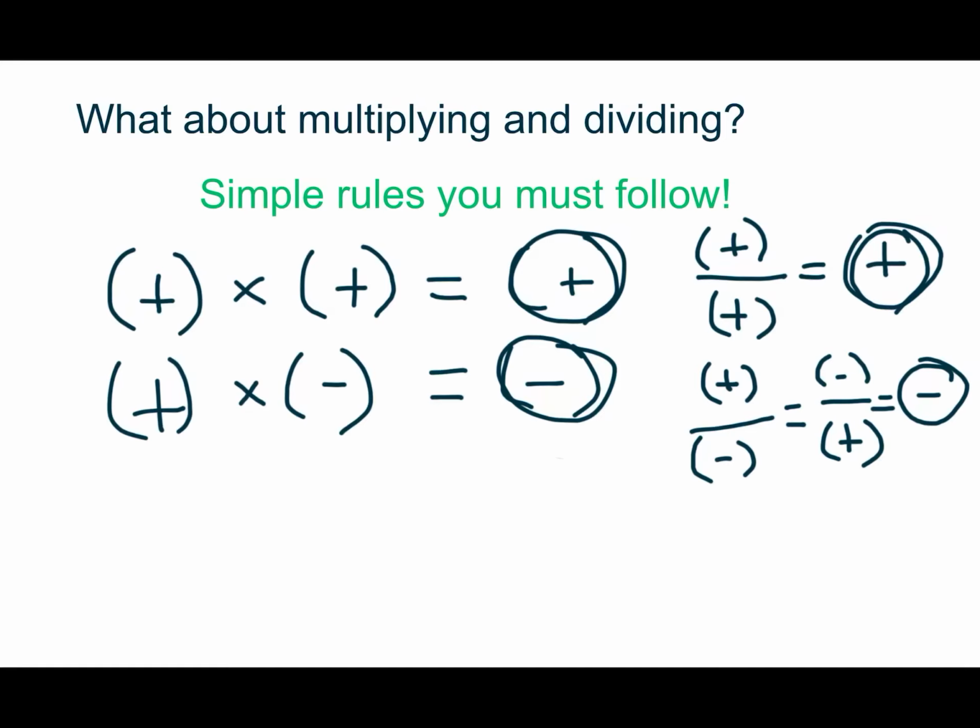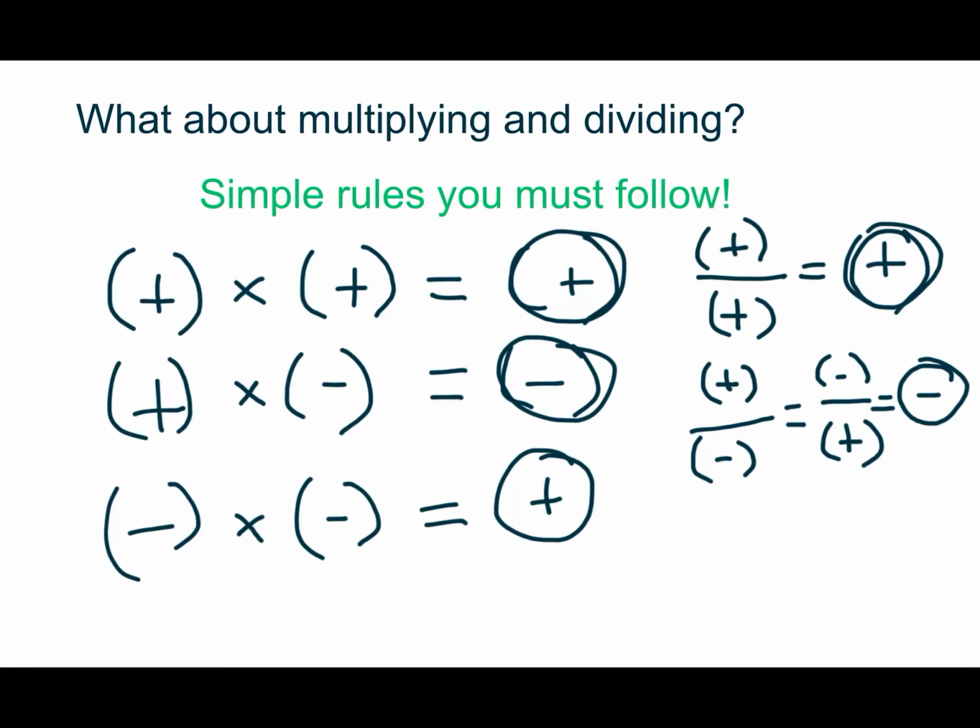The last one is not as easy to understand, and I'm not going to get into the explanation of it, but a negative number multiplied by a negative number equals a positive number. Now, your book explains it in terms of opposites, right? So if you have the opposite of 3 multiplied by the opposite of 4, then what you're going to get is not the opposite of 12, because that's what you got here, right? 3 times the opposite of 4 equals the opposite of 12, or negative 12.